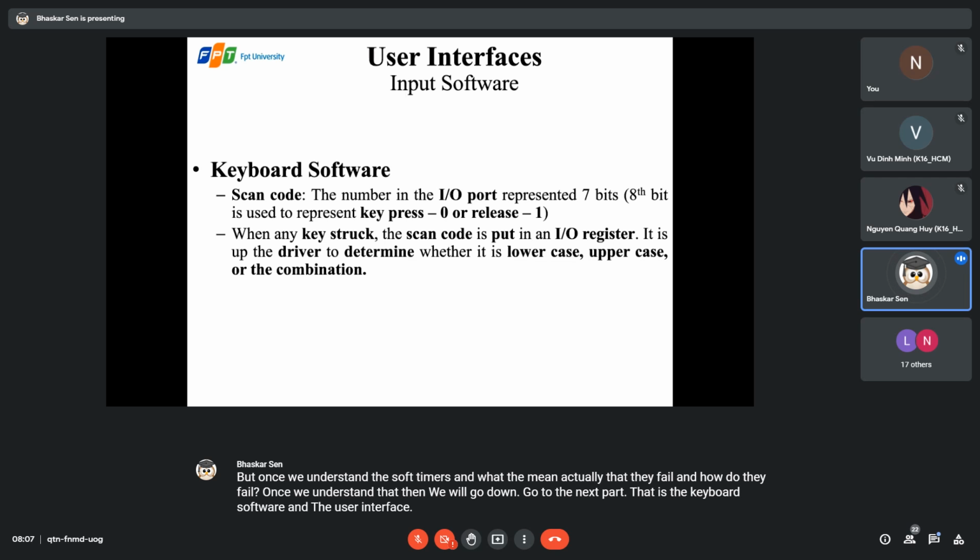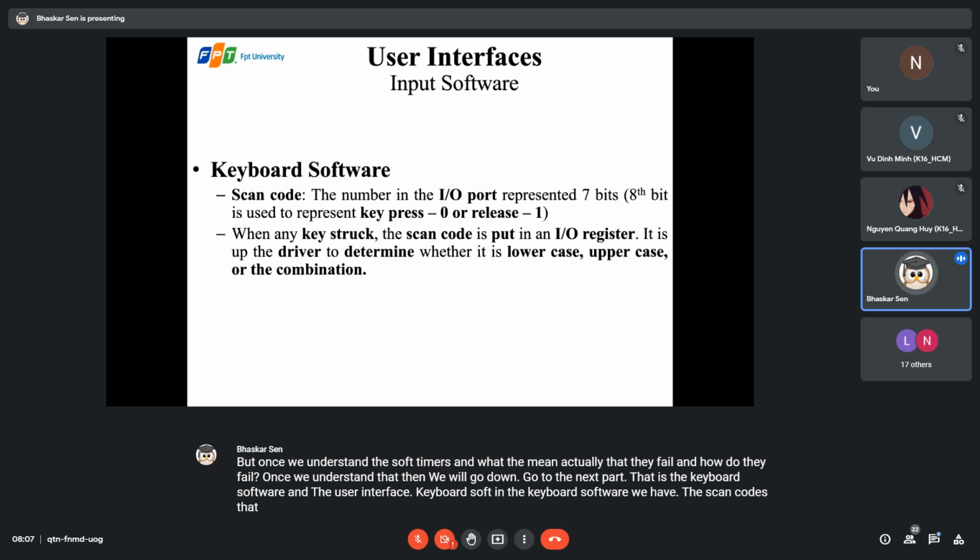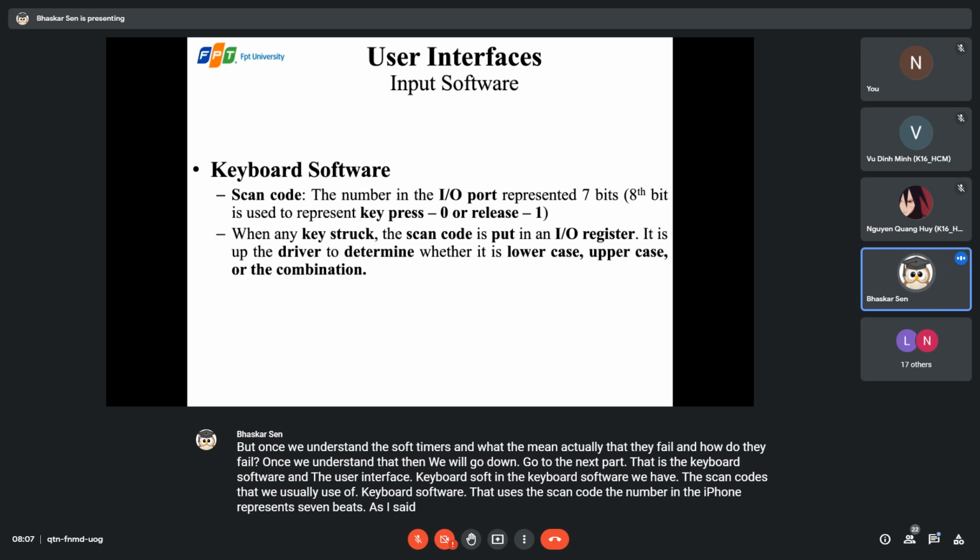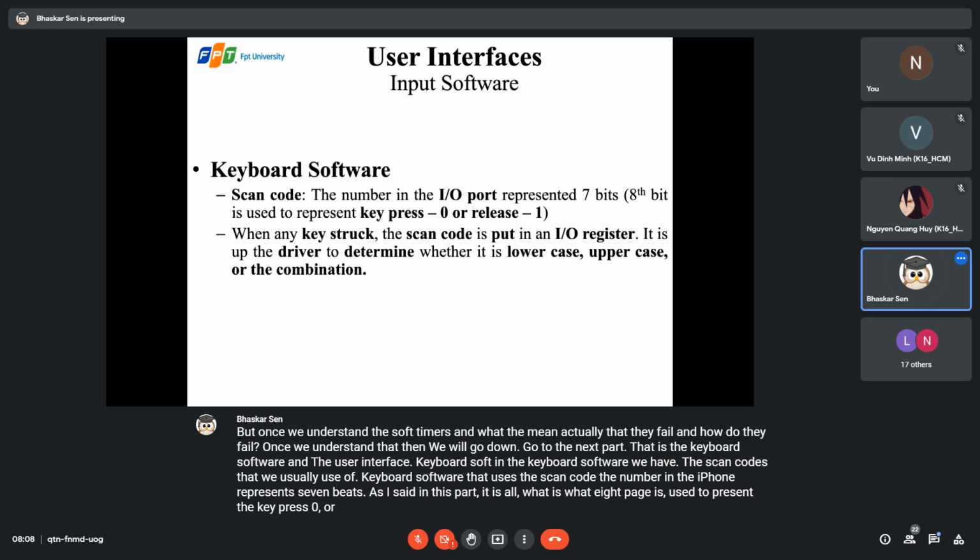Keyboard software uses the scan code. The number in the IO port represents 7 bits. As I said, in this part, the 8th bit is used to represent the key press, 0 or 1.